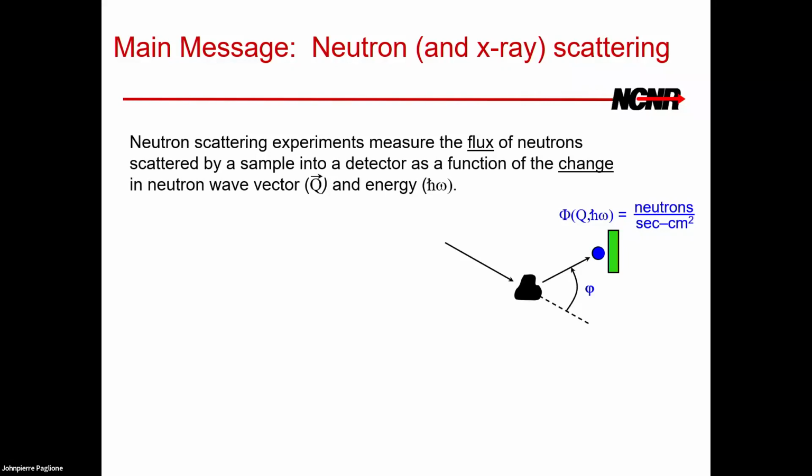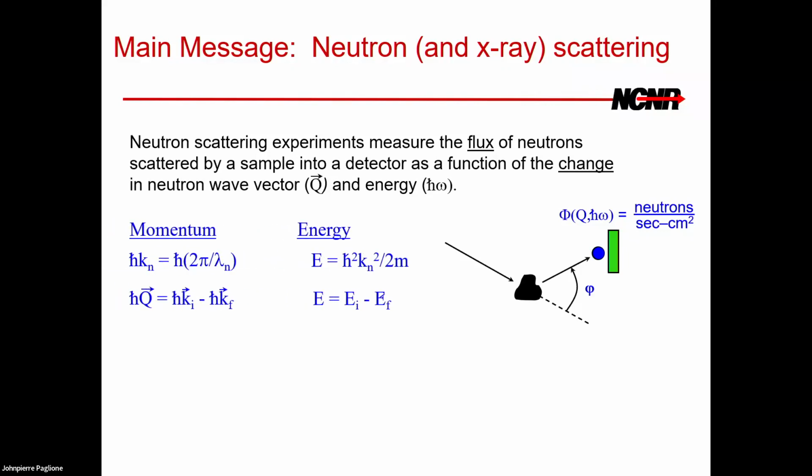Okay, and of course, modern instruments have many detectors. And so to describe the scattering process, you have a momentum transfer and an energy transfer. If it's elastic scattering, the energy incident and final are equal. That means that the length of Ki and Kf are equal, but in a different direction.